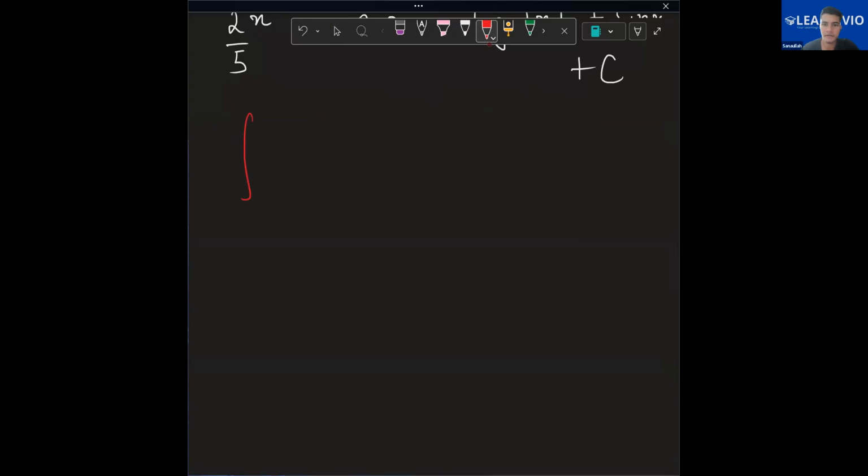So next question is the integral of 1 minus sin x over cos square x with respect to dx.